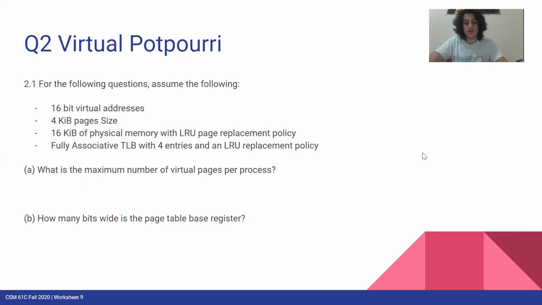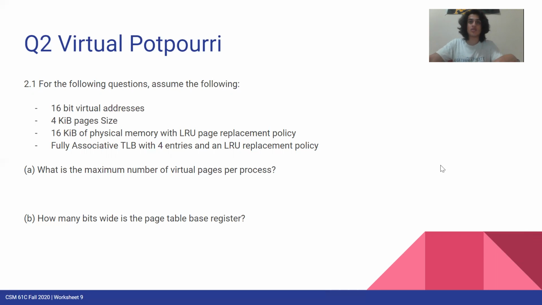We're given our 16-bit virtual address. The number of virtual pages is 2 to the power of the number of bits in our virtual page number, because the offset is not the identifier. The virtual page numbers represent an identifier for each different page, basically like a hash key for each different page.